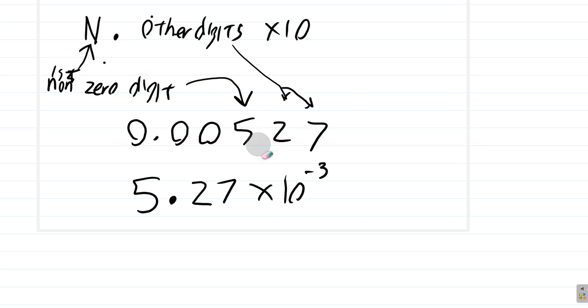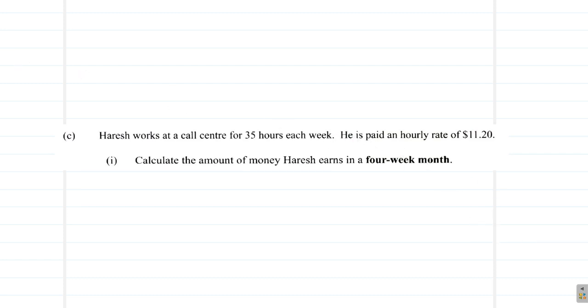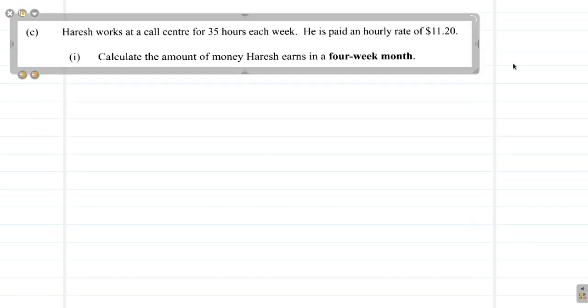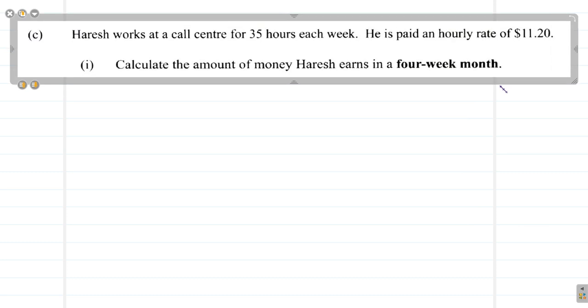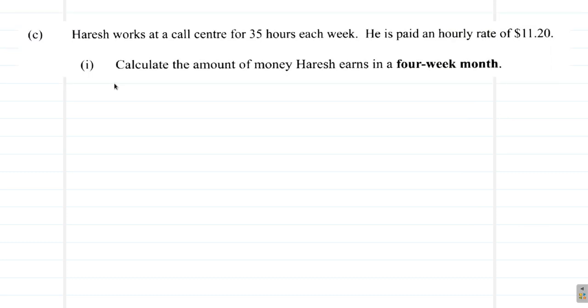Now, let's erase this and paste what we have here. The money. Now here. 35 hours at $11.20 each. 35 by $11.20.